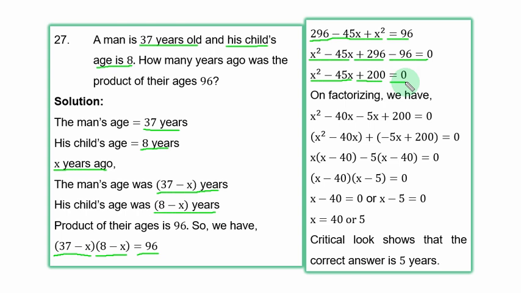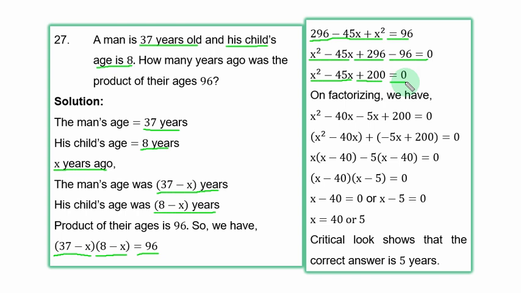So if you list out all the factors of 200 and begin to adjust them by attaching plus and minus, you will find out that you have minus 40 and minus 5. Minus 40 times minus 5 is plus 200. Minus 40 minus 5 is minus 45. Remember, in terms of s.